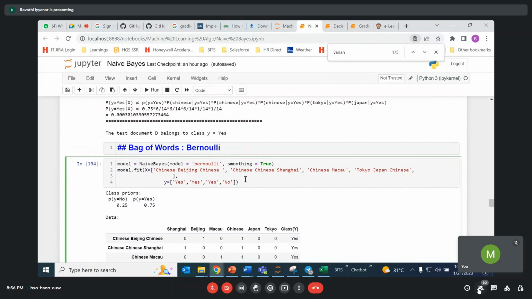Here we have one or two features, right? In case we have multiple features, we have to add one more array and just pass it on. That should work out. Yes, you can add as many texts as possible. The only thing is if they ask you to do the stemming and lemmatization, for words like Chinese, Beijing, Chinese, we need to do the stemming.